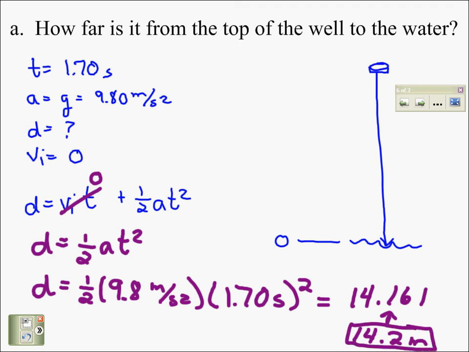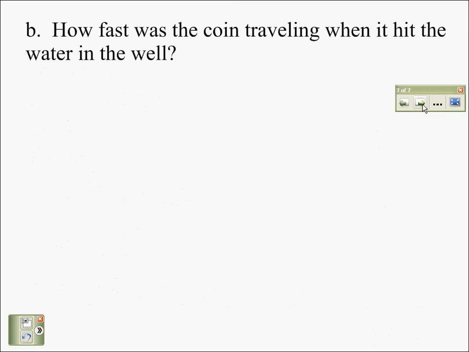Let's see what the next question asks. How fast was the coin traveling when it hit the water in the well? So we still have T. T was 1.70. Acceleration due to gravity was positive 9.8 meters per second squared.